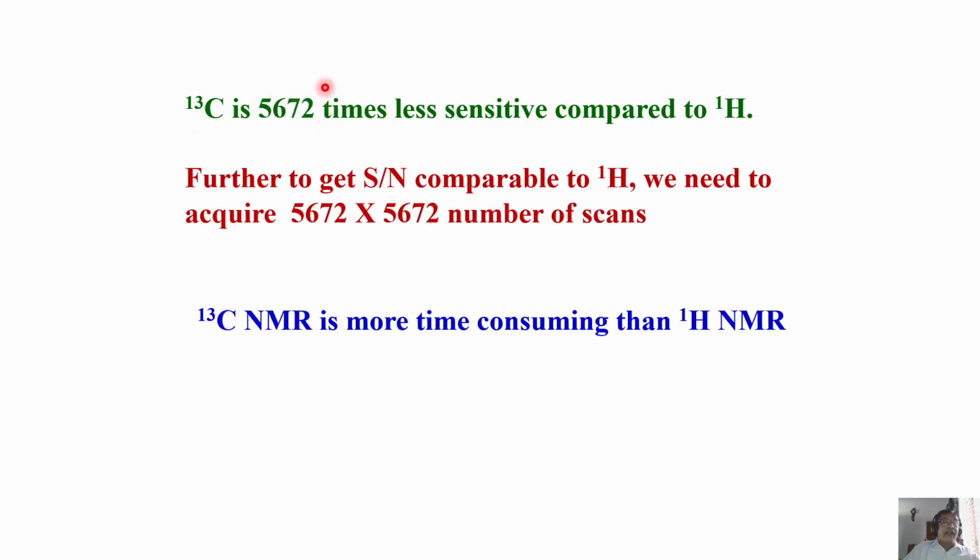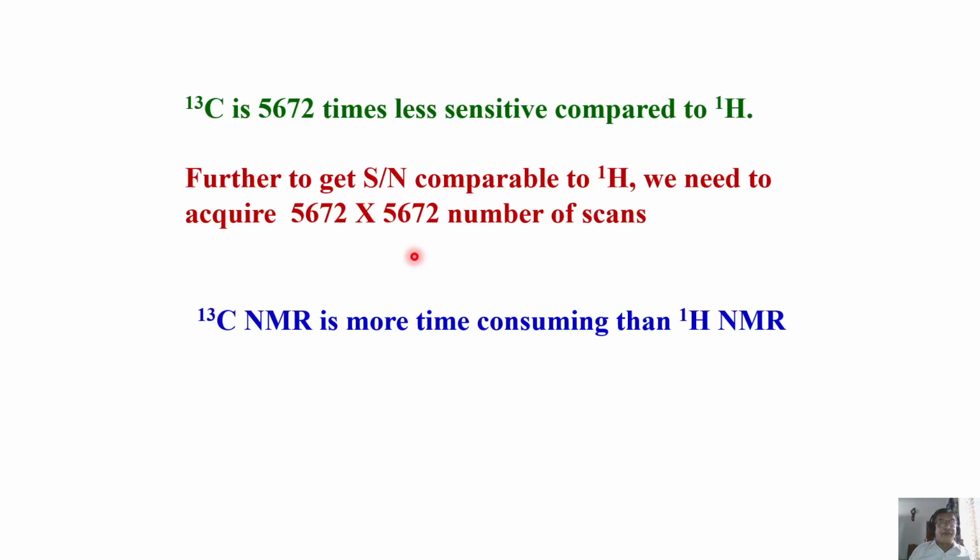Let us say in one scan, one accumulation, when I send one RF pulse, I'll get a proton spectrum of particular signal to noise ratio. For the same signal to noise ratio, if I have to get the carbon-13, taking sensitivity, gamma, and abundance into account, I have to acquire this many number of scans. I have to send that many number of pulses and collect the signal.